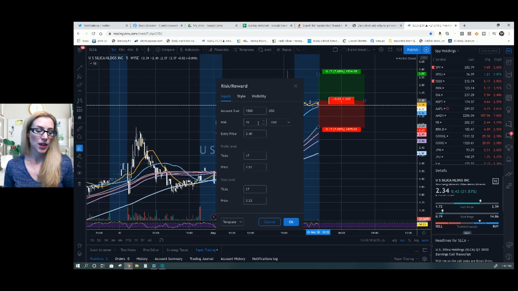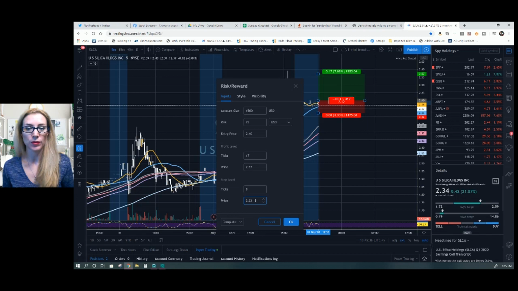Now, if you want to only risk $25 or $50, then $50 divided by 625 is going to be 8 cents. Only 8 cents difference. So that means you have to go to 232, right?